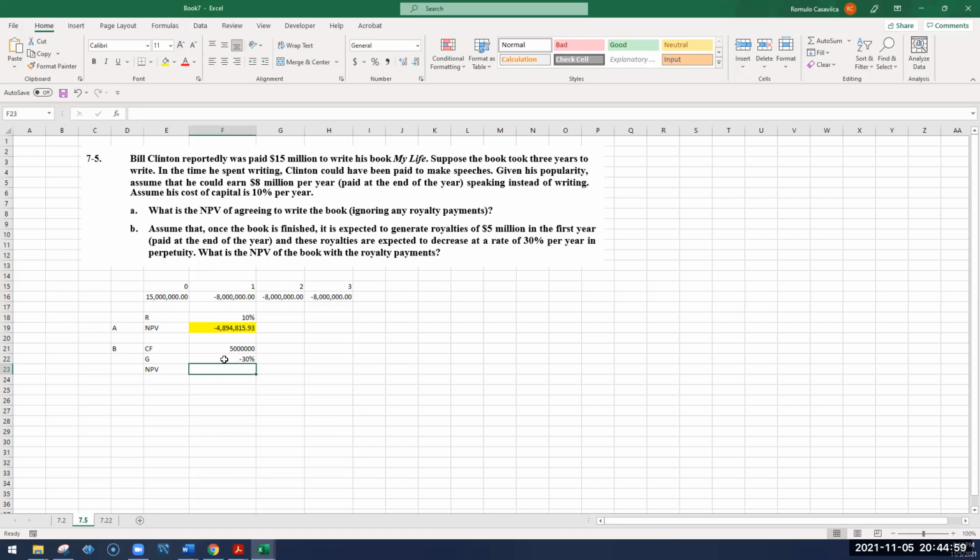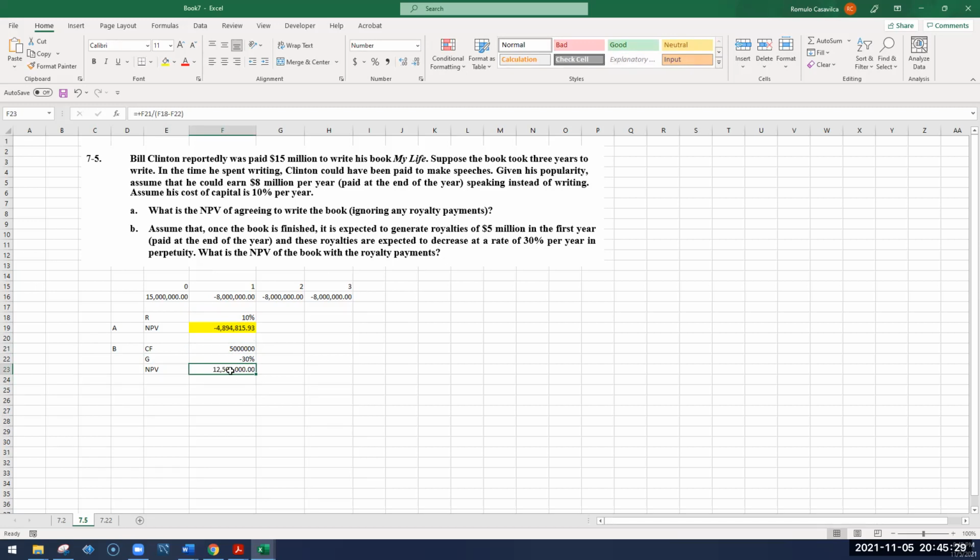I'm going to have two NPVs, divided in two parts. The first part is this cash flow that will decrease every year, 30% in perpetuity. So what I do is take this cash flow divided by r minus the growth, which is positive, right? So this is my net present value for my 5 million.